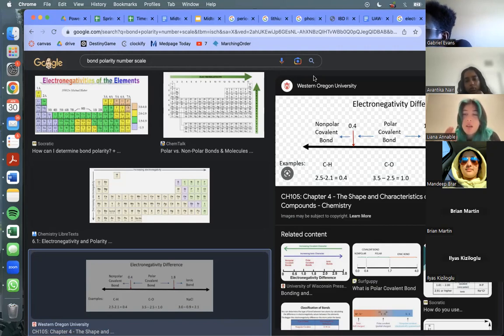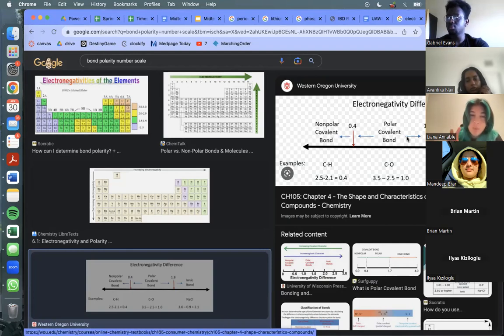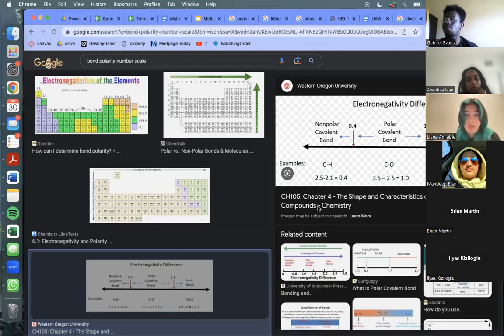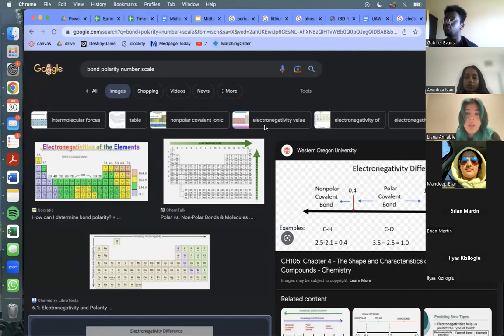I think the difference between polar and ionic is 1.9, I'm pretty sure, instead of 1.8. And maybe between nonpolar and polar, it could be 0.3, 0.5. Sometimes the numbers change, so you don't need to memorize this. Just make sure to know how to use the chart and use what's given to you on the exam. I believe she has the chart in one of her lecture notes, so look on Canvas and you'll find it.